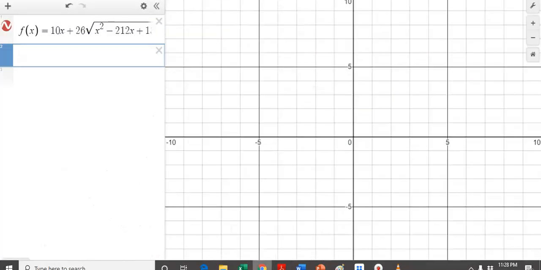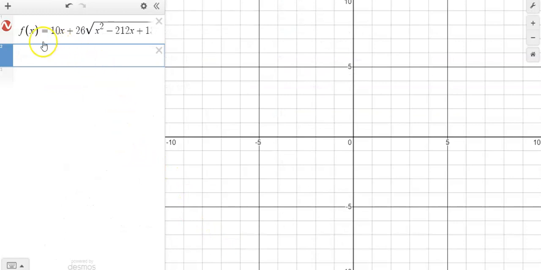Going over to Desmos, you would type in the function as we have found it thus far. This is our cost function. Notice that when you type it in at first, nothing actually pops up on the graph, so we can't see it. So now we need to figure out where this graph is going to be and what we need to do to adjust our window.